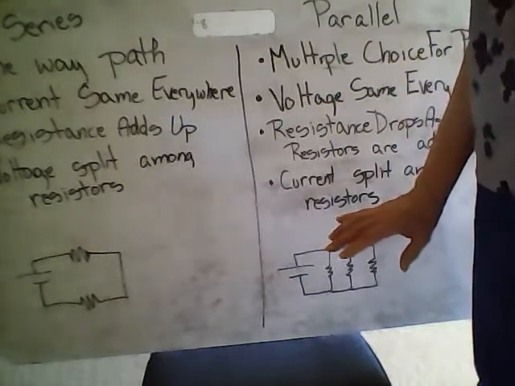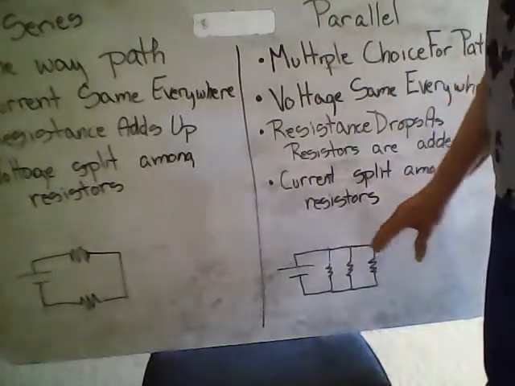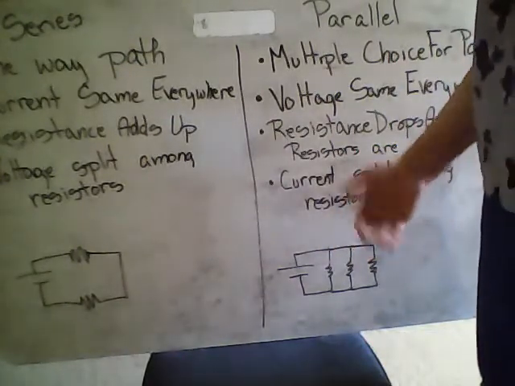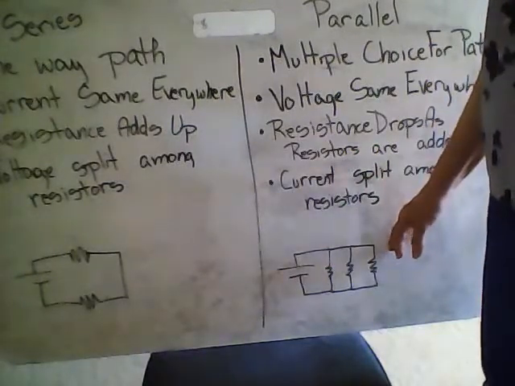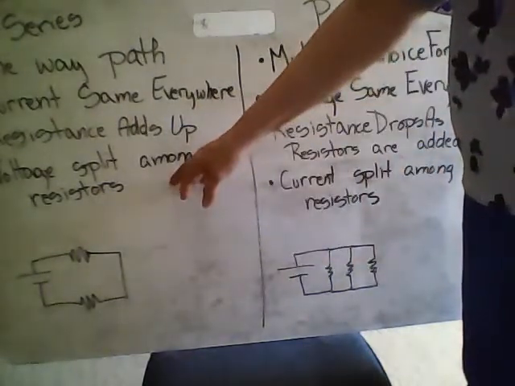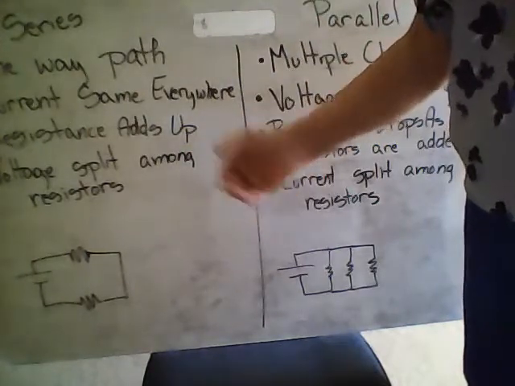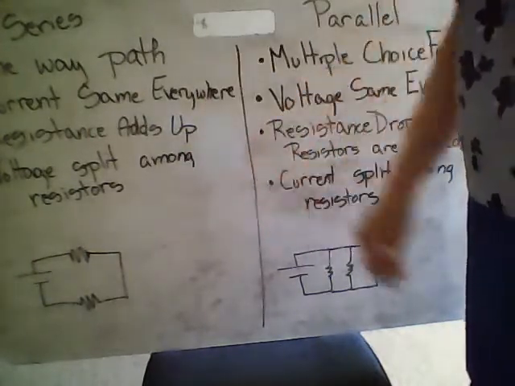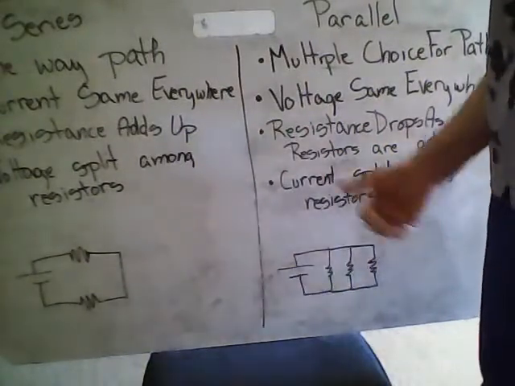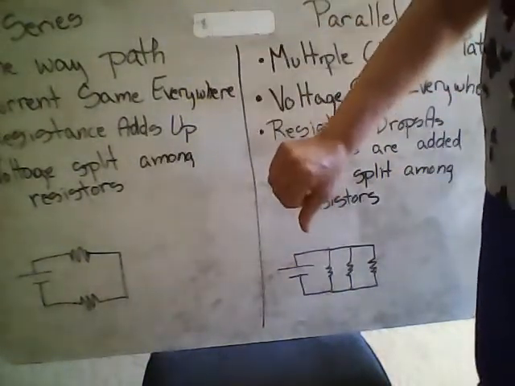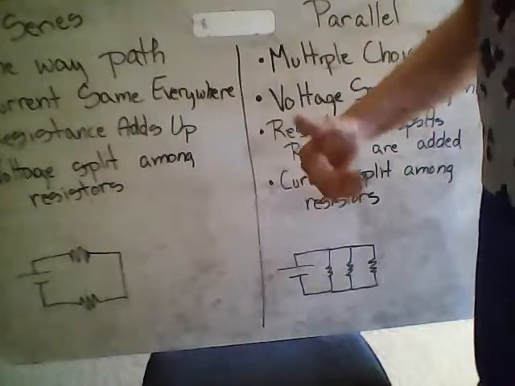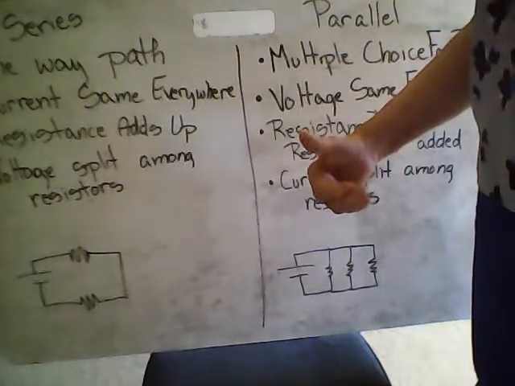Ohm's law says V equals IR. So that means that the current is increasing. So over here, if your resistance increases, your current is dropping. Over here, if your resistance is dropping, then your current is increasing.